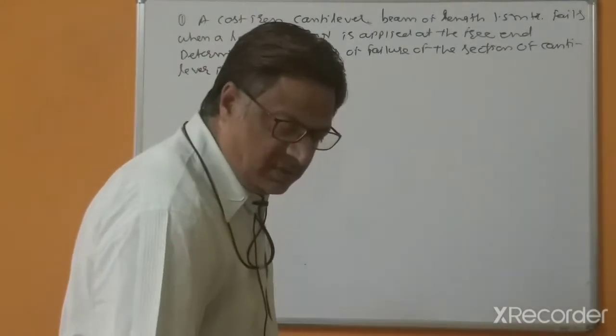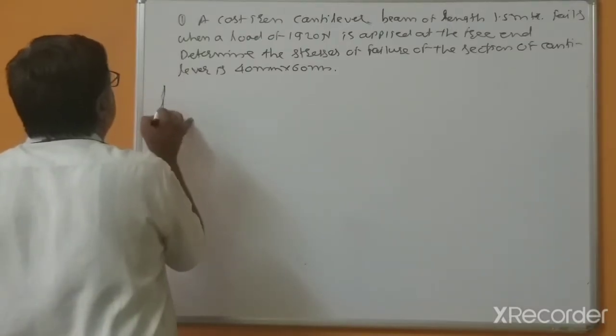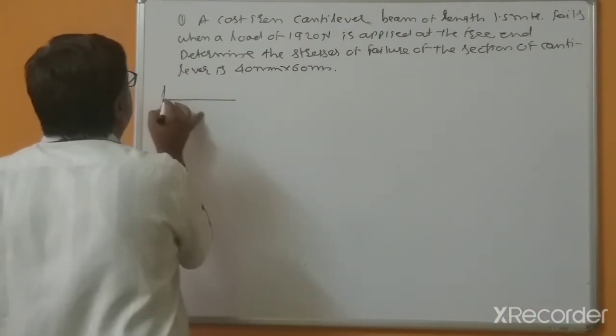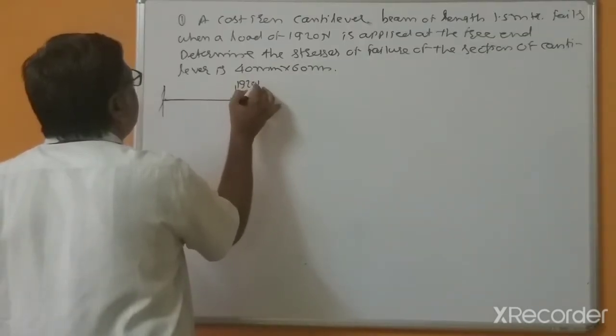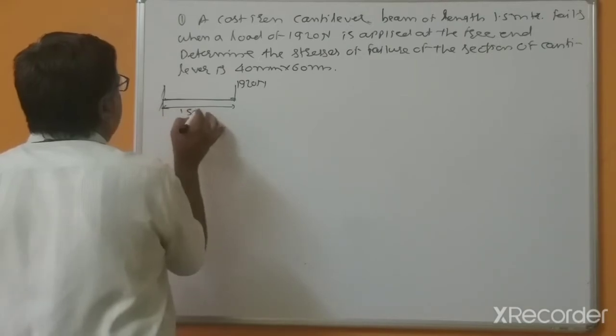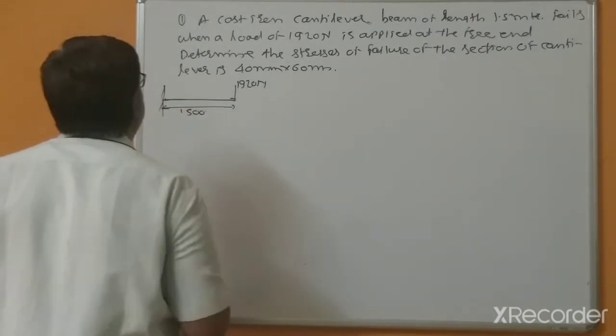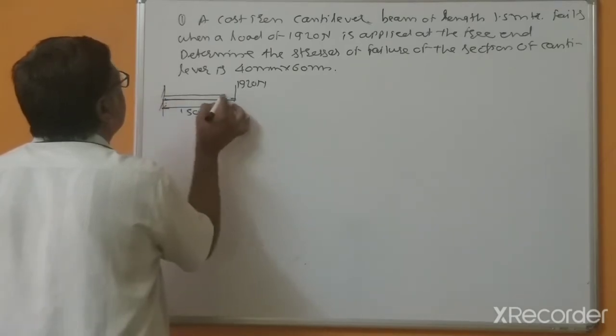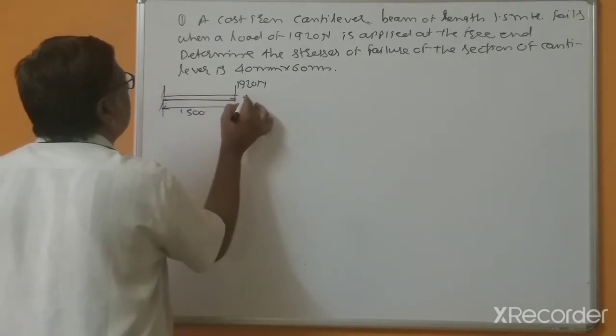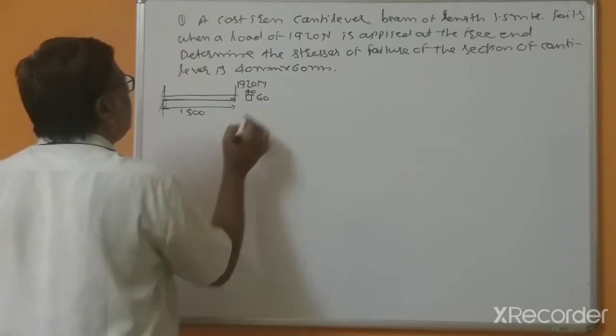In this problem, suppose this is the cantilever beam with a force of 1920 Newton applied, and here is the cross section of the beam, 40 by 60.